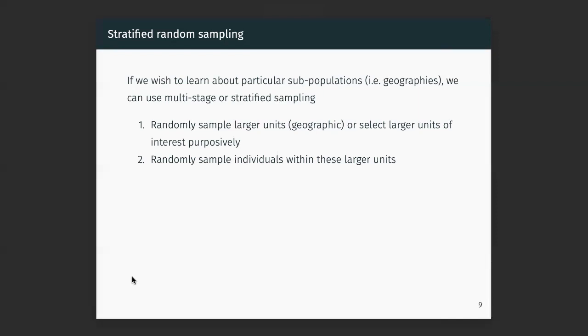So we could have a two-stage design where we randomly select which parts of the country we're going to draw people from, and then we randomly select people from those places. This is what the American Community Survey does, which is our tool that we use to make judgments about the US population between the 10-year census periods.